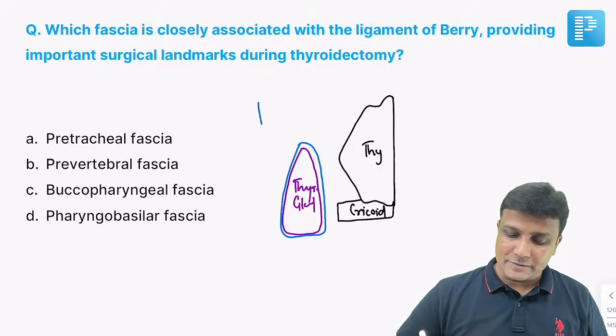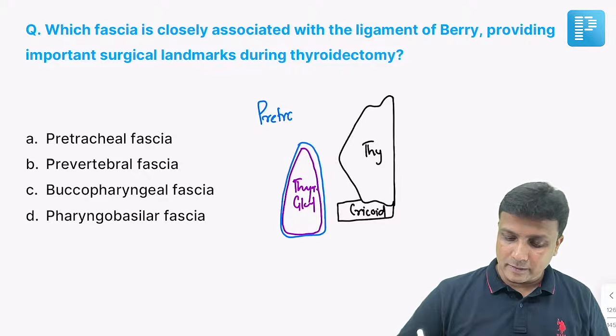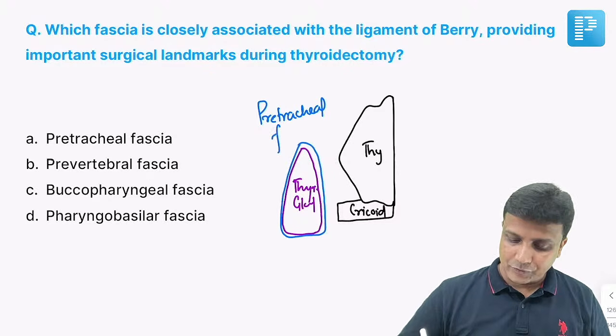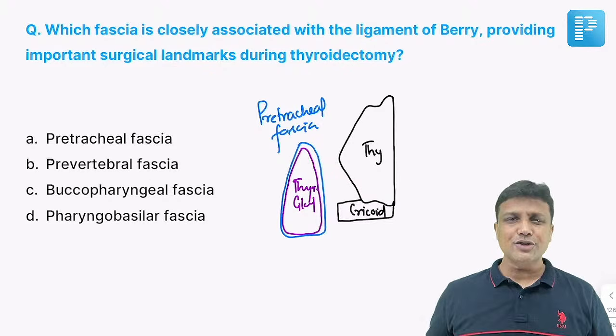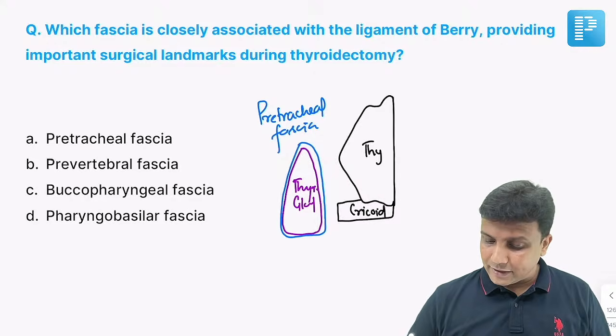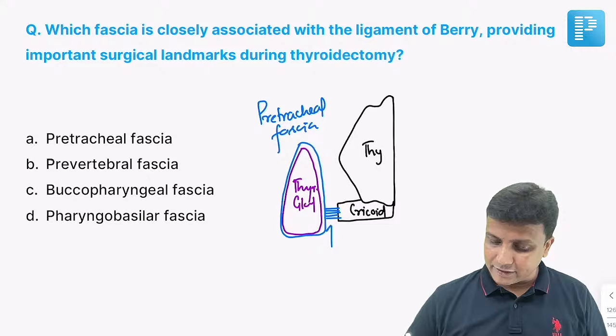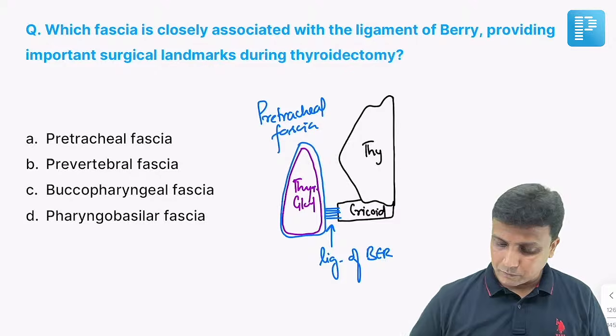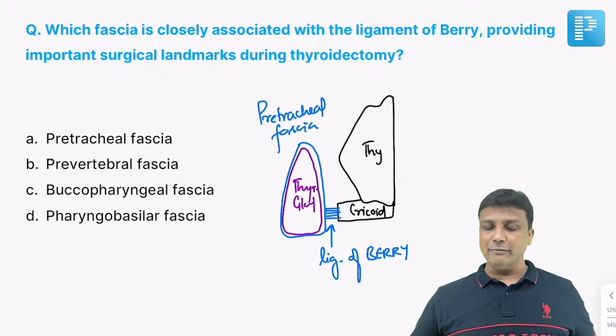We have learned about this pretracheal fascia in the neck region. It is one of the modifications of the deep cervical fascia. Now this pretracheal fascia has one modification in turn attaching to the cricoid over here, and this one will be the ligament of Berry. Ligament of Berry, sir.